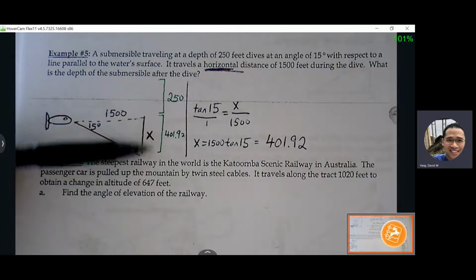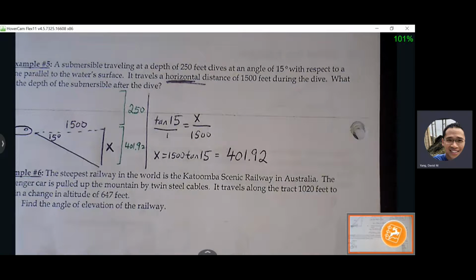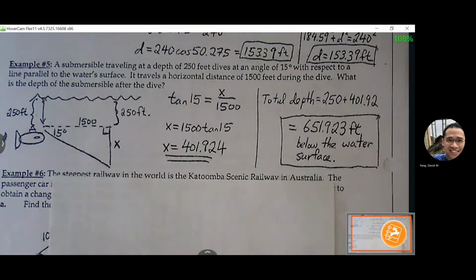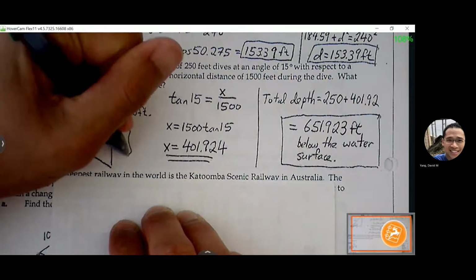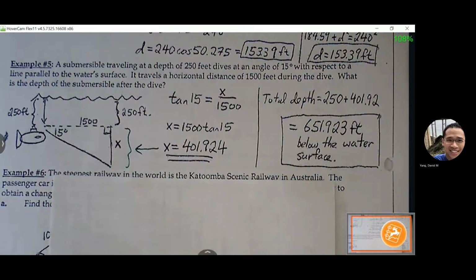So to figure out how far it is in relation to the top of the water surface, we add those two together. Okay, any questions with that?